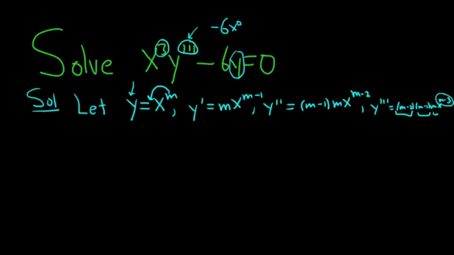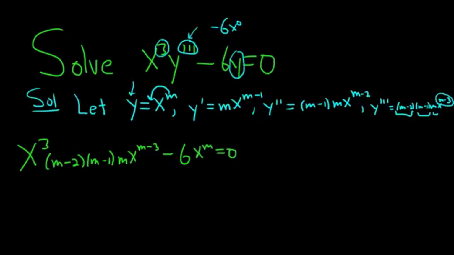So now we're going to plug everything into the differential equation. So we have x cubed, and then y triple prime. So that'll be m minus 2, m minus 1, m, x to the m minus 3, minus 6, and then y is x to the m. Whenever you're doing a Cauchy Euler differential equation, when you get to this step, you want to combine the x's.